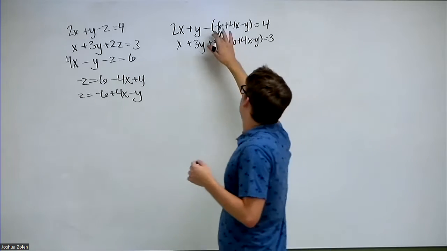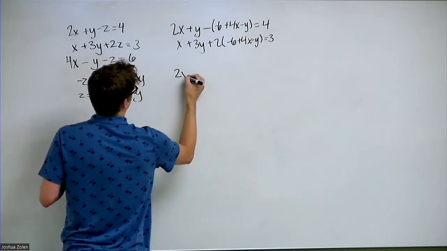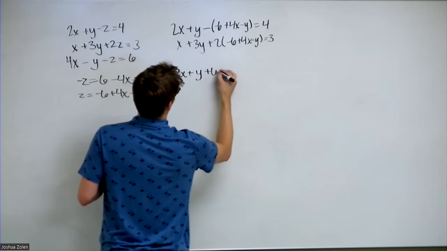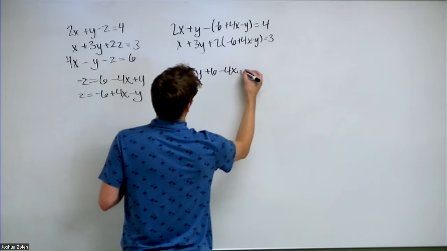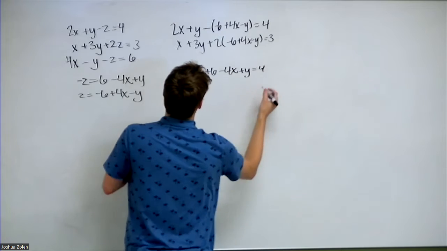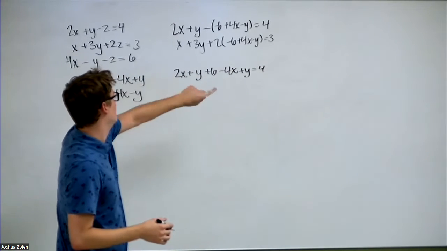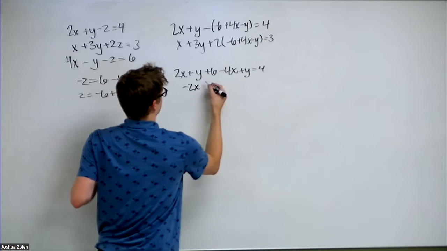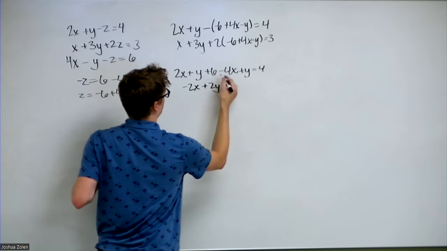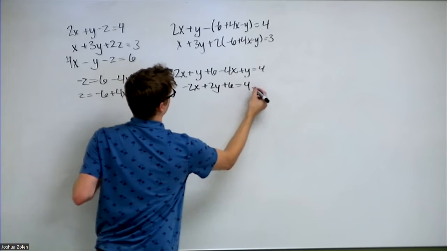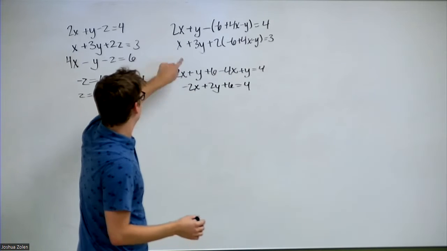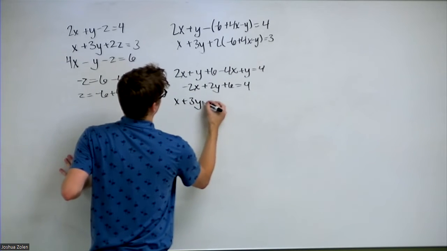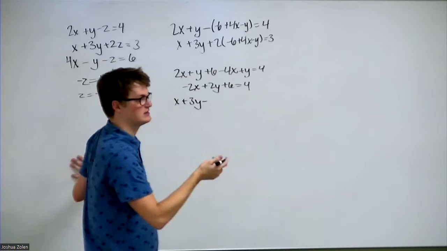Okay. Now, if we simplify these, the top one is going to be 2x plus y, and we have -1 times -6 plus 4x minus y is equal to 4. Let's combine like terms. 2x minus 4x, we have -2x. y plus y, we have 2y, and we have plus 6 is equal to 4. And then if we work with our second equation, we have x plus 3y minus 2 times -6 is going to be -12.